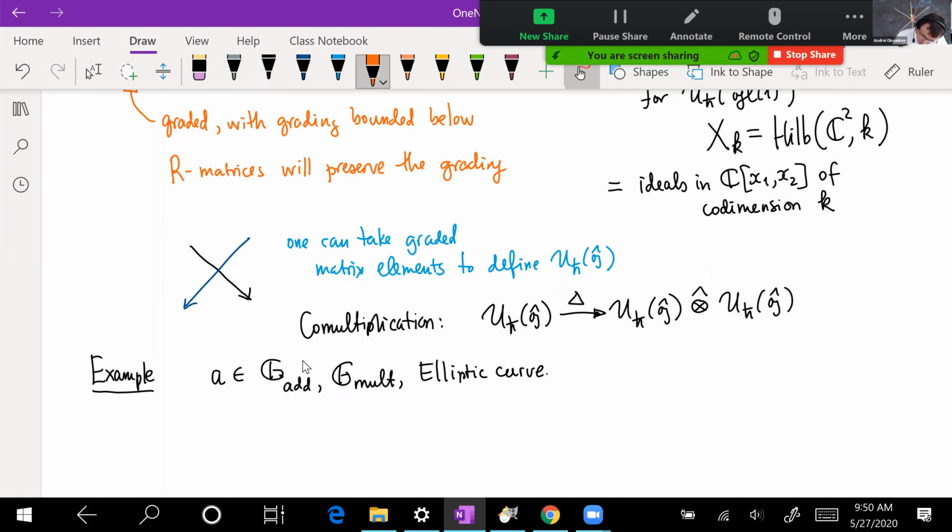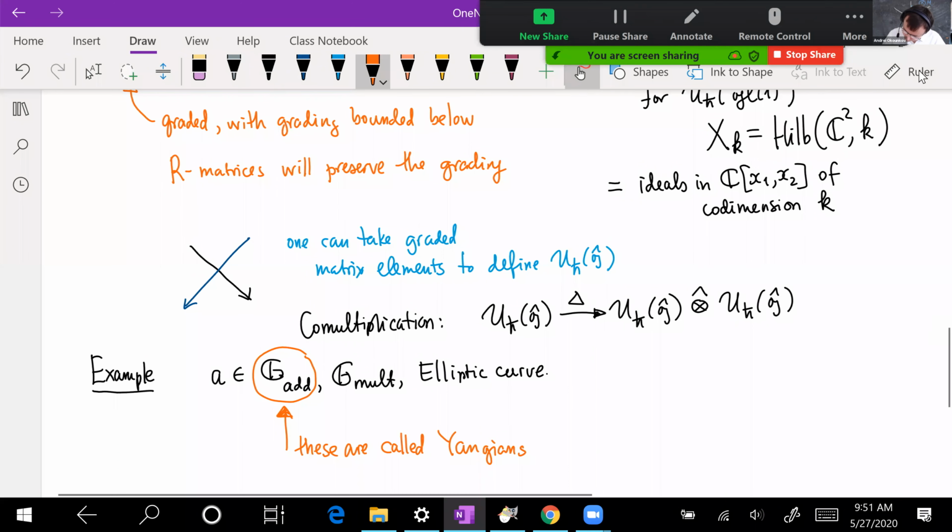If we focus on the additive part now, the corresponding quantum groups are called Yangians.